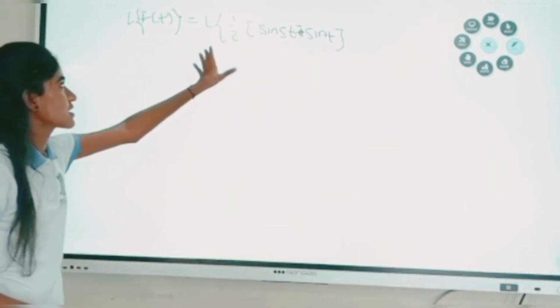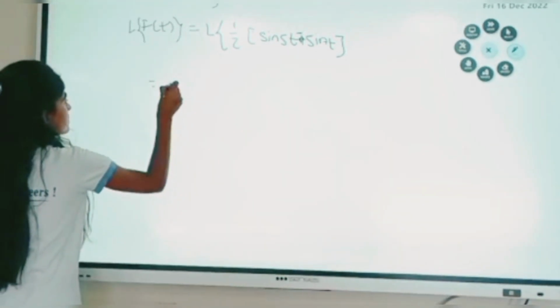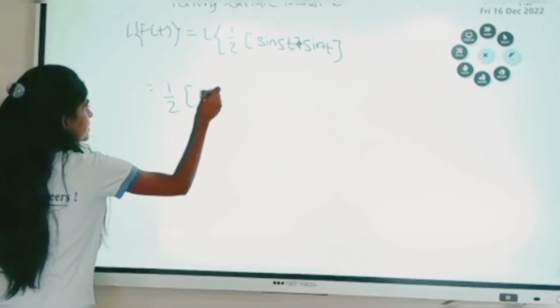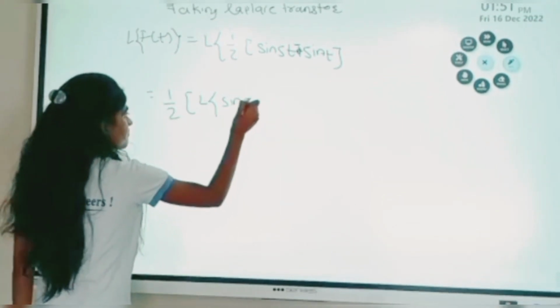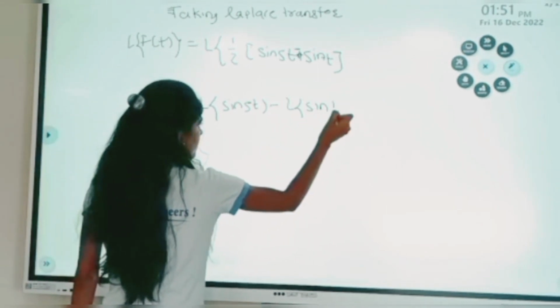But we cannot find the Laplace of this directly. So by using the linearity property, this is equal to 1/2, taking common, Laplace of sin 5t minus Laplace of sin t.